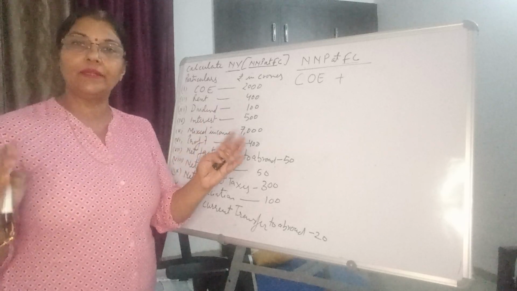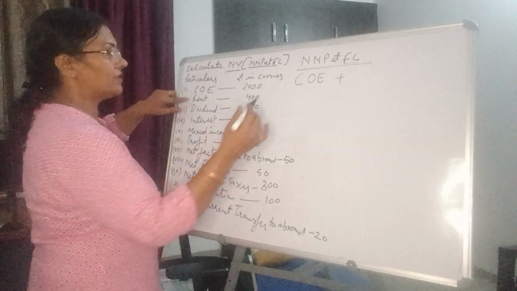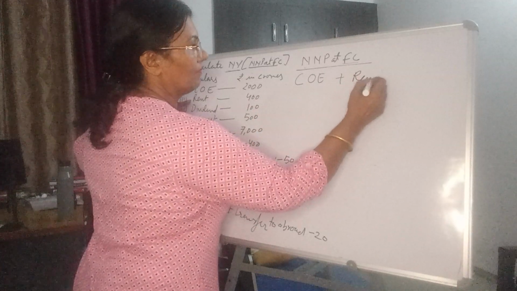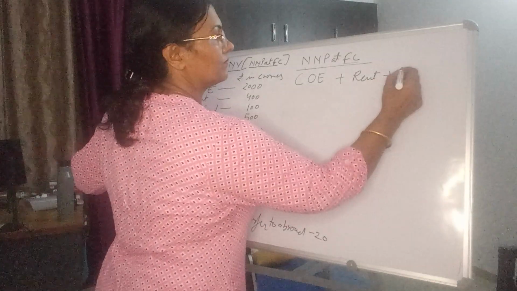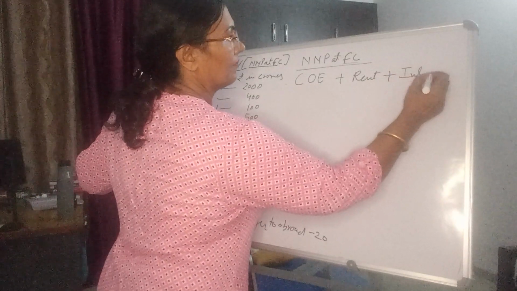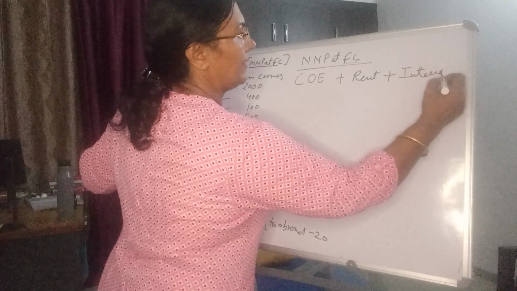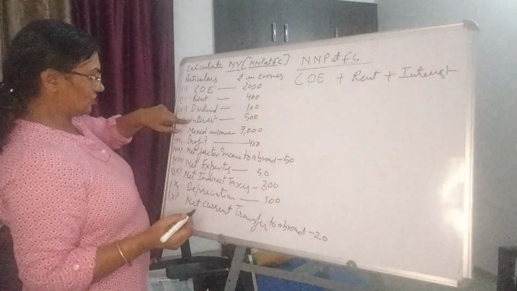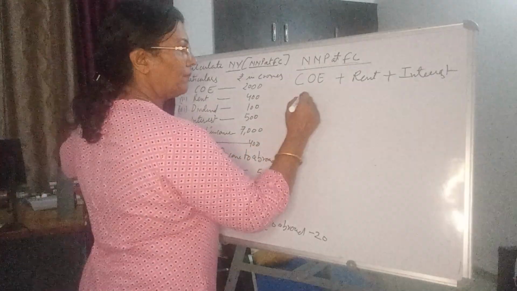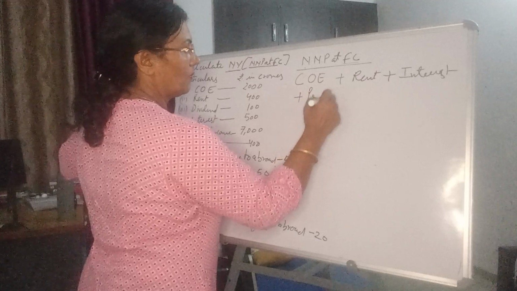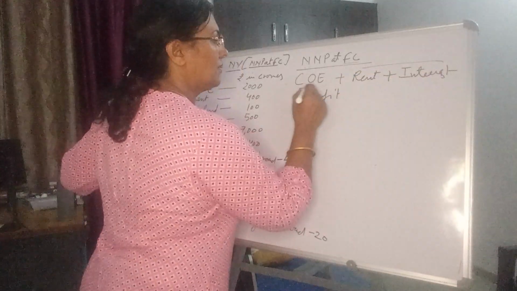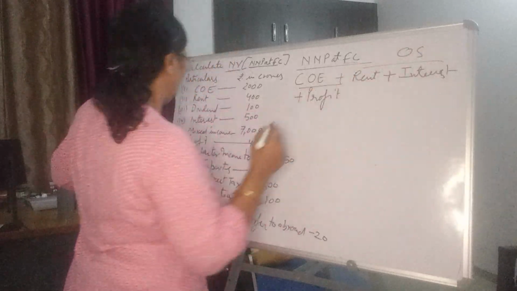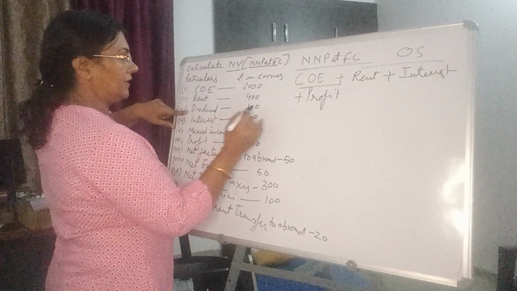Income earned from property and entrepreneurship, which is rent and interest and profit. Royalty is not given. So this is OS. Be very careful.